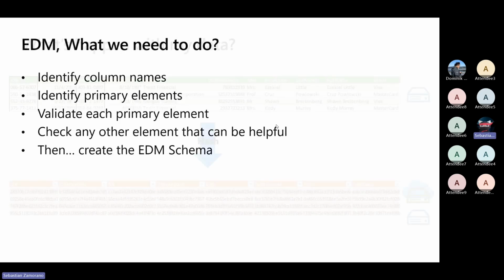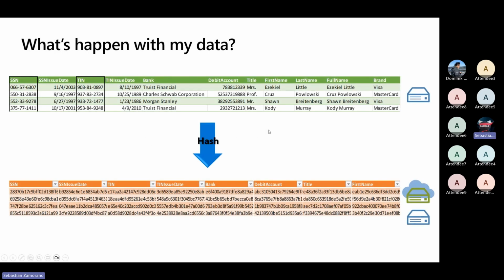That is very important. What happens with our data? We will have our sensitive information type. This is my database, but when we process the data, all that information is hashed.